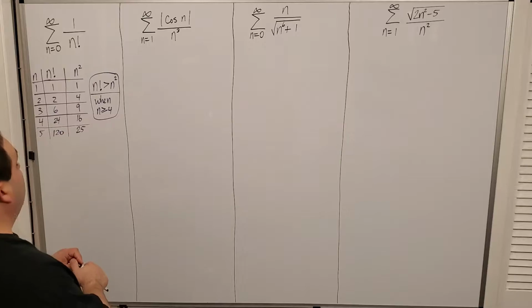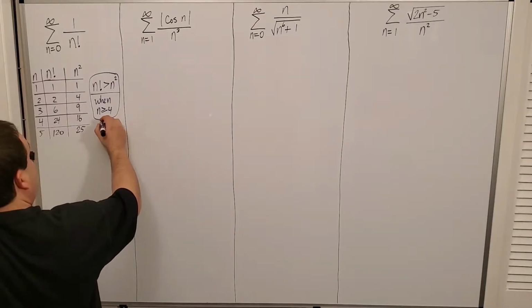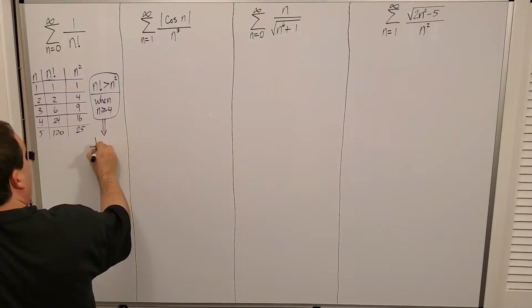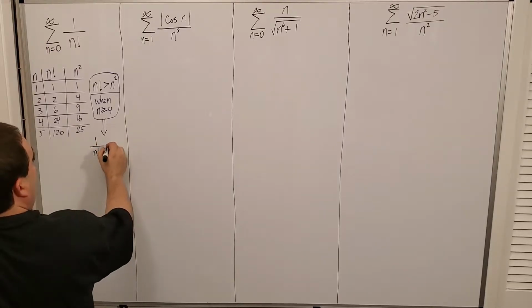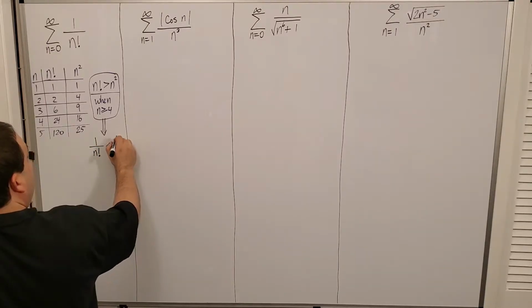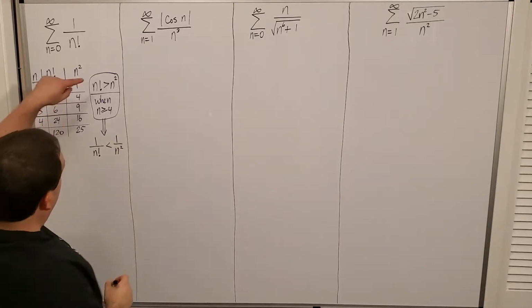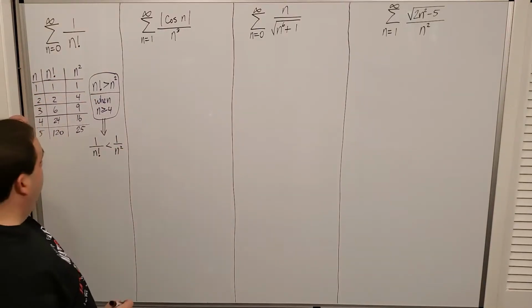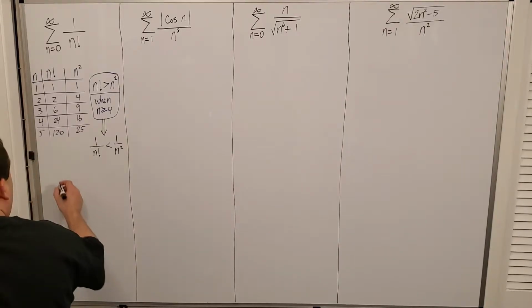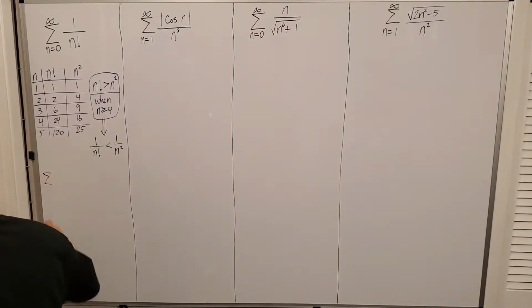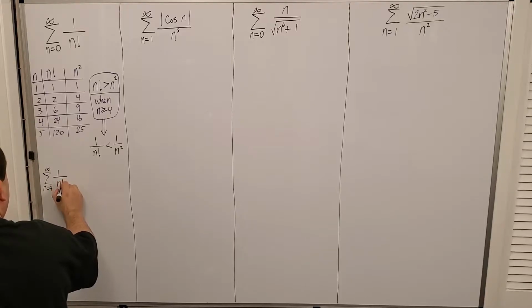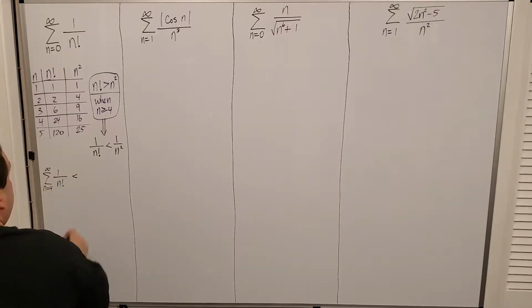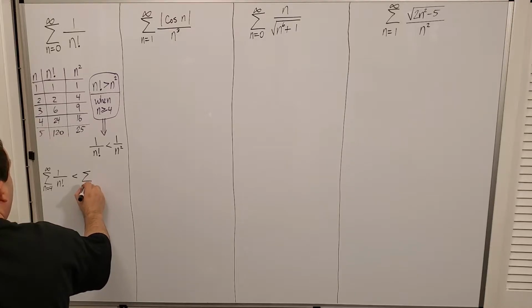What that really means is that 1 over n factorial is less than 1 over n squared when n is greater than or equal to 4. So then what we're really showing is that the sum from n equals 4 to infinity of 1 over n factorial is less than the sum from n equals 4 to infinity of 1 over n squared.